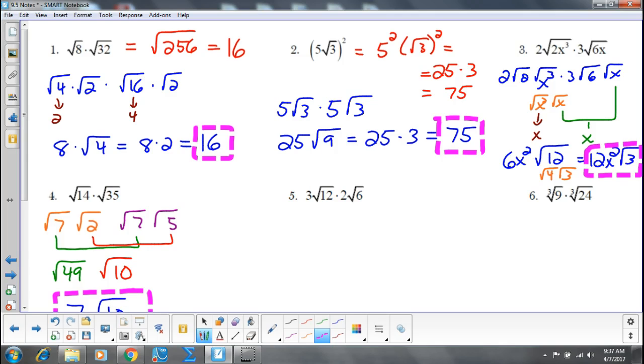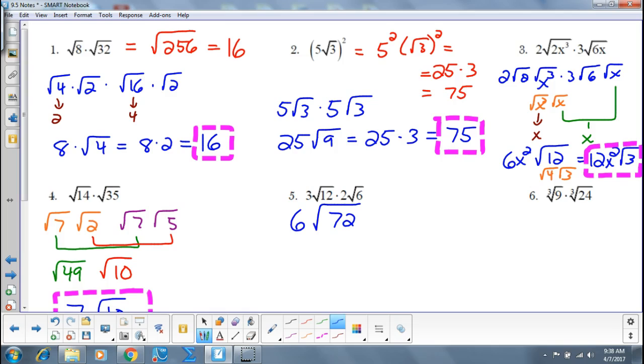Okay. Now, if you get too many radicals like that, what's your other option? Combining them all into one, right? So I'll do this next one where I combine them all into one. So this becomes 6 from the 3 times the 2 times the square root of 72.